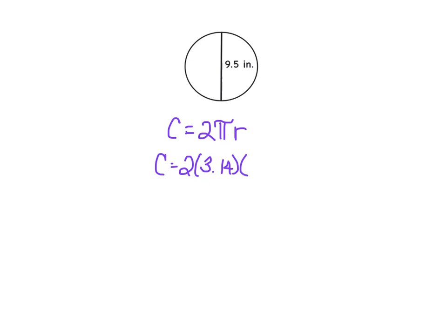So I need to divide by 2, and my radius is 4.75. 4.75 is half of the diameter. I'm going to multiply that by 2 and by 3.14, and I get my circumference of 29.83 inches.